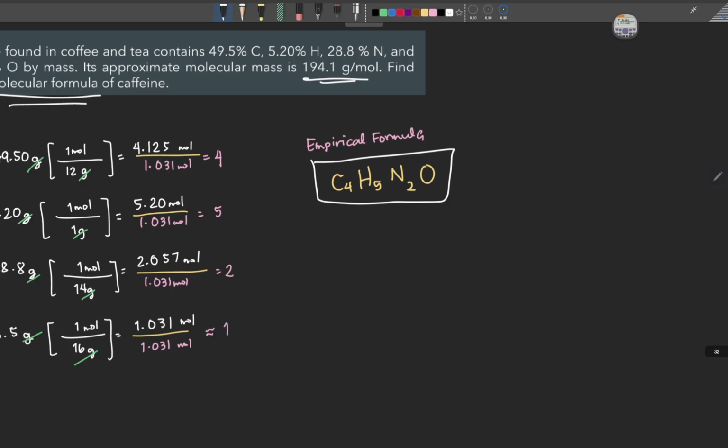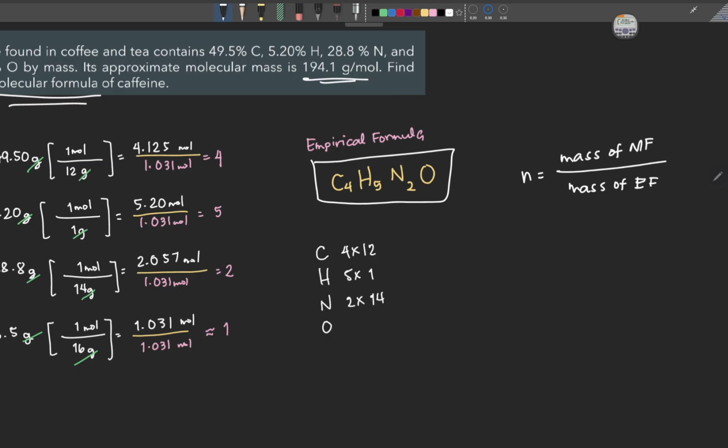Okay, so we'll have N is equal to mass of molecular formula over mass of empirical formula. So we find first the mass of the empirical formula. So C, H, N, and O. So 4 times 12, 5 times 1, 2 times 14, 1 times 16.